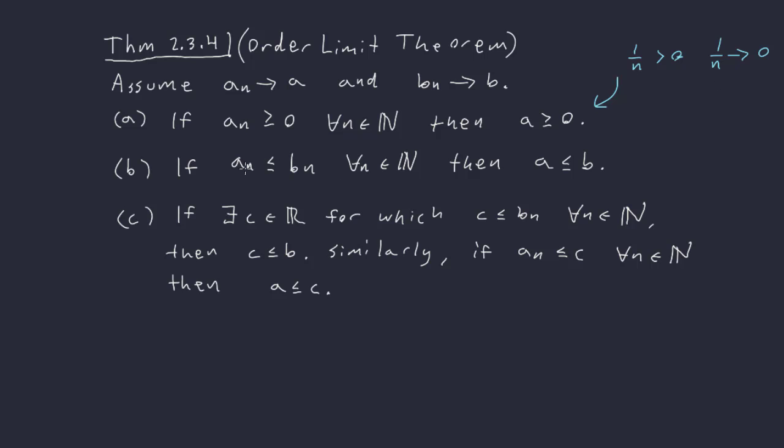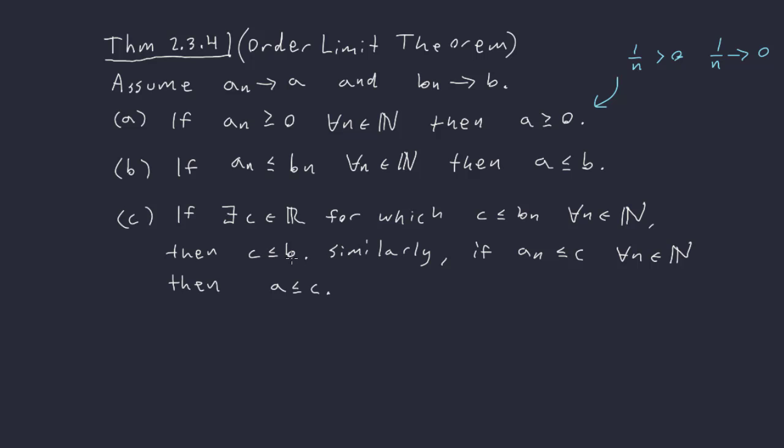Similarly here, if a_n is less than or equal to b_n for all n in the naturals, then A is less than or equal to B. Basically, if the terms of one sequence always live below the terms of another one, then the limits of those need to satisfy the same behavior. And this one looks a little cumbersome, but what it's basically saying is that if C, let's say, is a lower bound of all of the b_n's, then C has to be a lower bound of the limit.